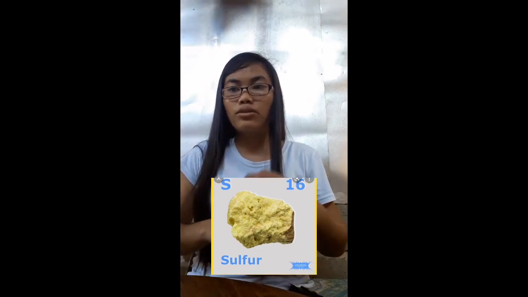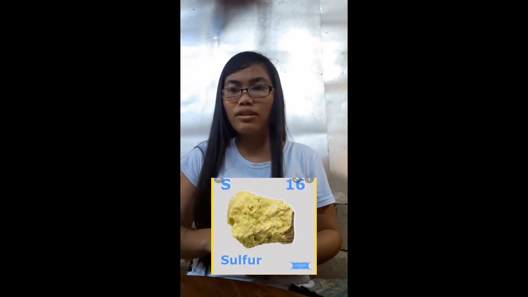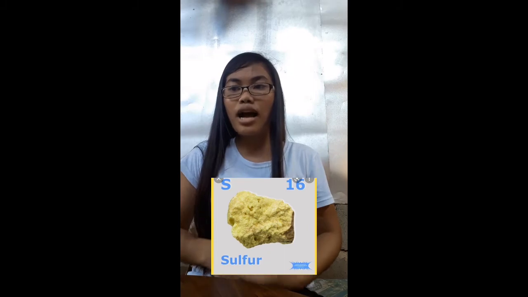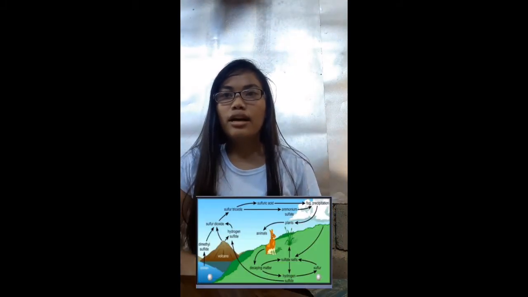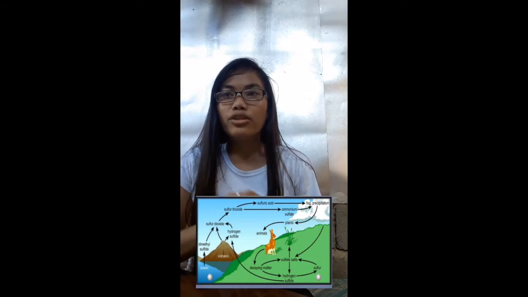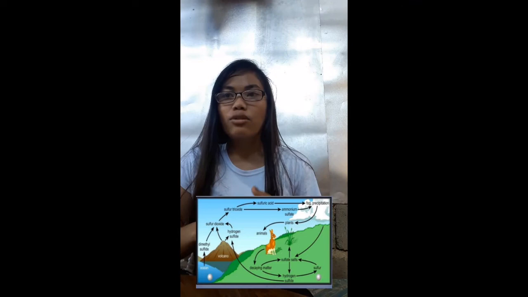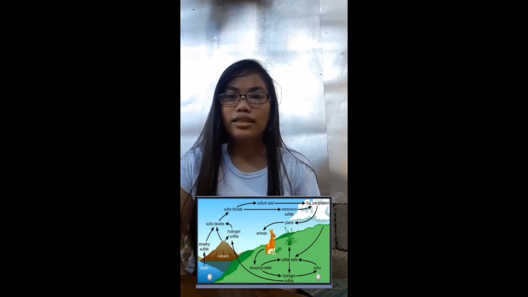However, sulfur is also a major component of a group of pollutants known collectively as sulfur acid. Hydrogen sulfide gas is released into the atmosphere by volcanic eruptions, hot springs, and the anaerobic decay of sulfur-containing biological materials in swamps, bogs, and tidal flats.